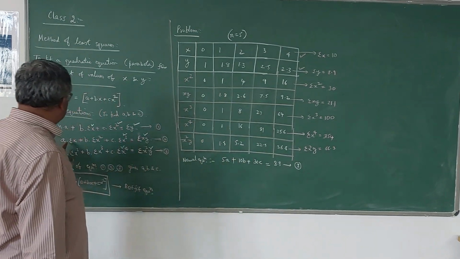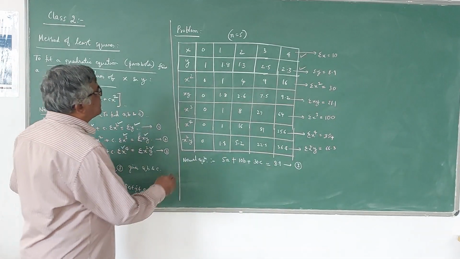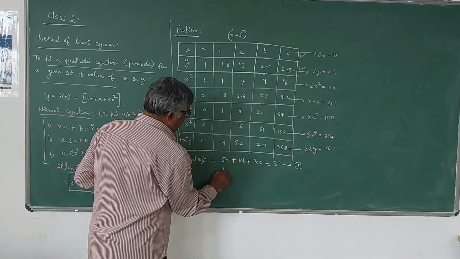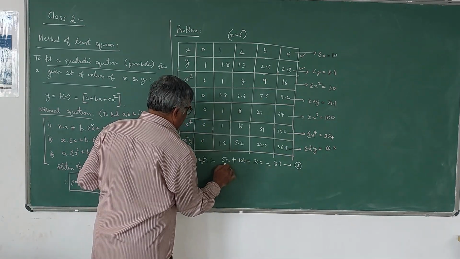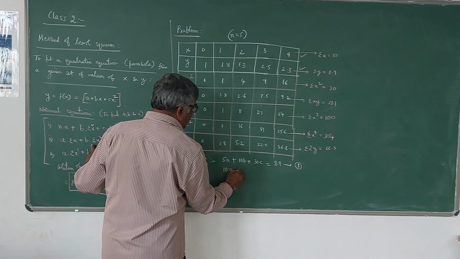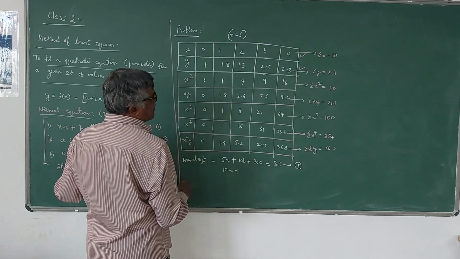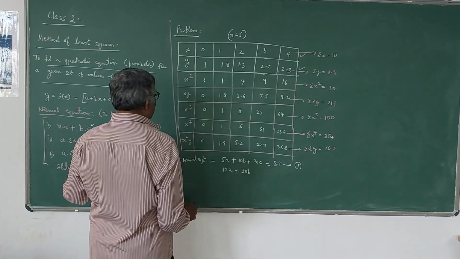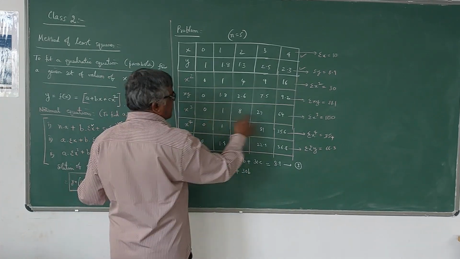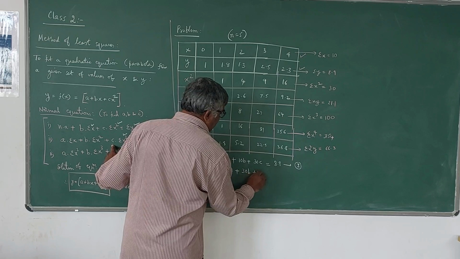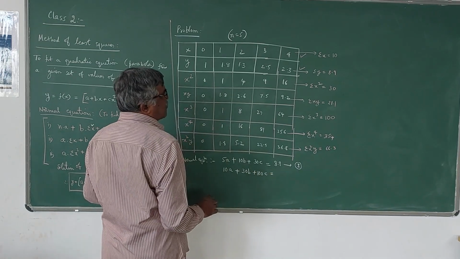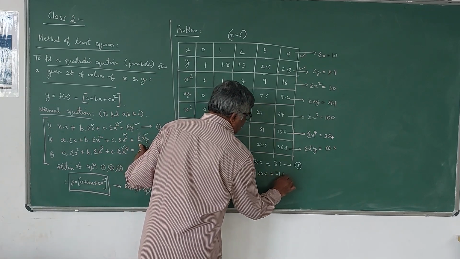Now the second equation is a into sigma x. Sigma x is 10, so 10 times A plus B into sigma x square. Sigma x square is 30, so 30 times B. Then plus C into sigma x cube. Sigma x cube is 100, so plus 100C is equal to the RHS, sigma xy, which is 21.1.